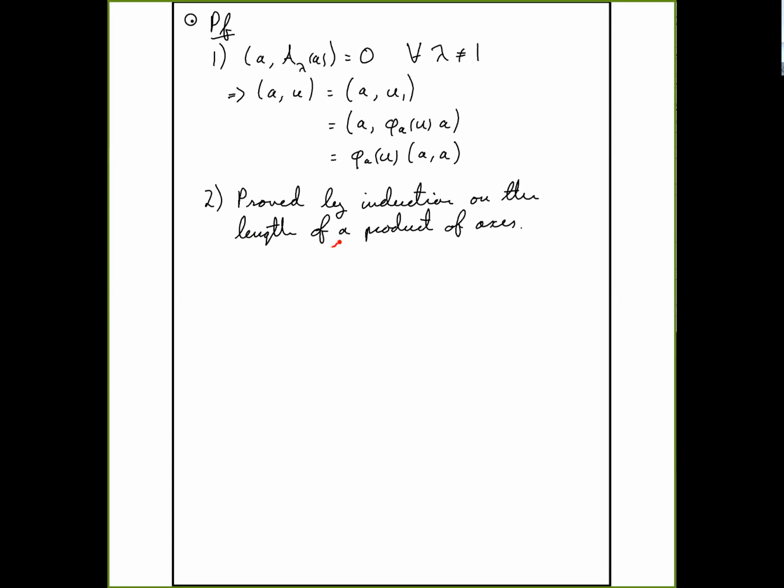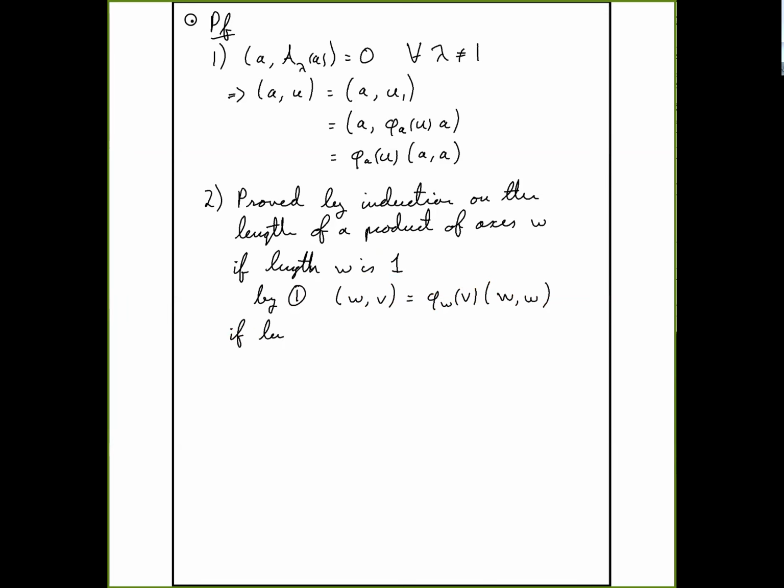So proof by induction on the length of a product of axes W. So if the length of W is 1, it implies it's an axis, and by part one of this, we have that W comma V is equal to the projection of V onto W times W, because it's an axis.